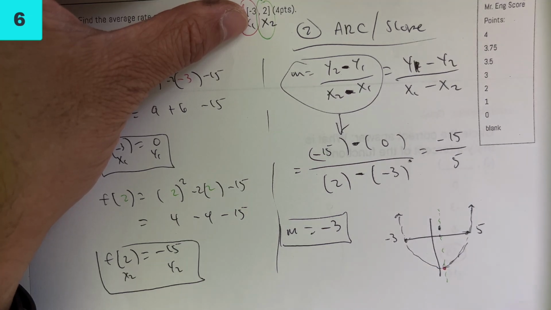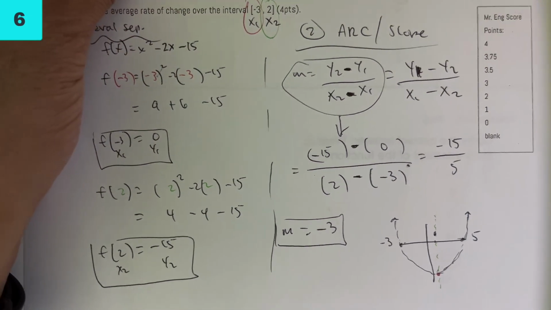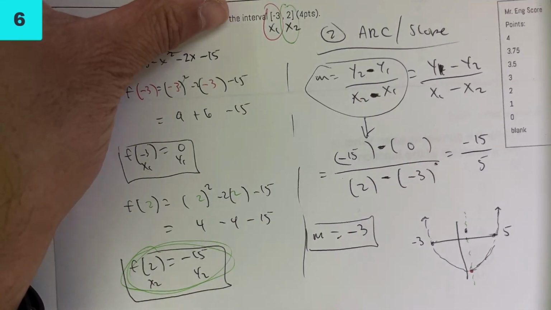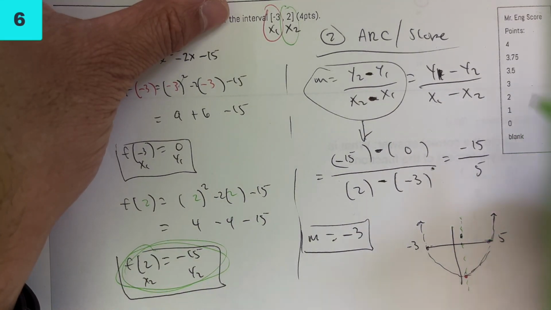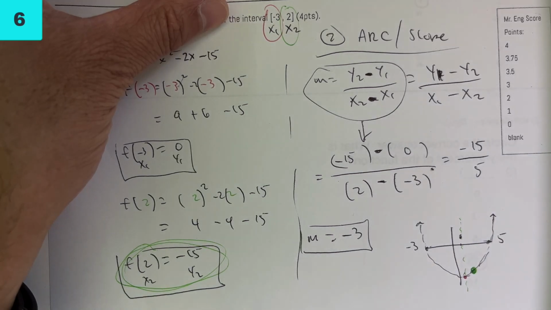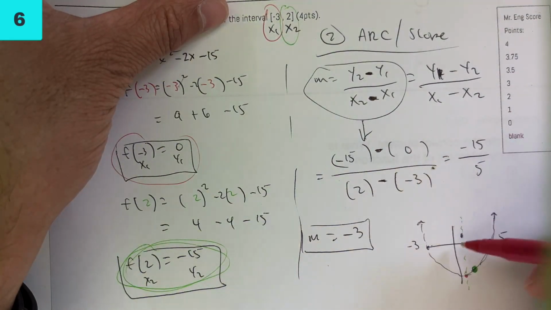But basically we're saying from, let's do this green, to negative 15, from this point to negative 3, 0.